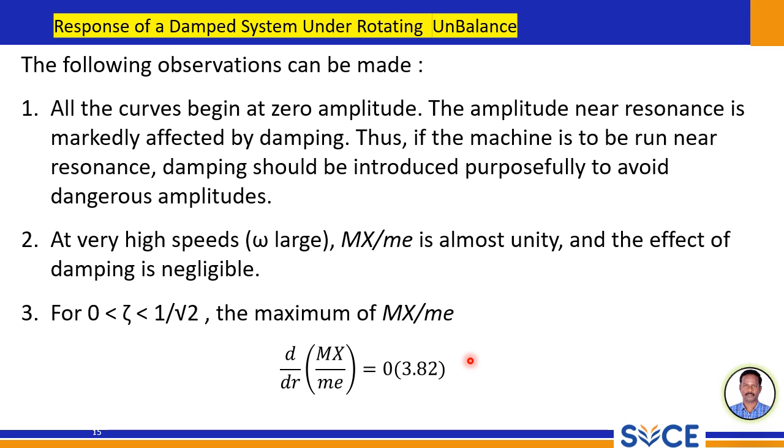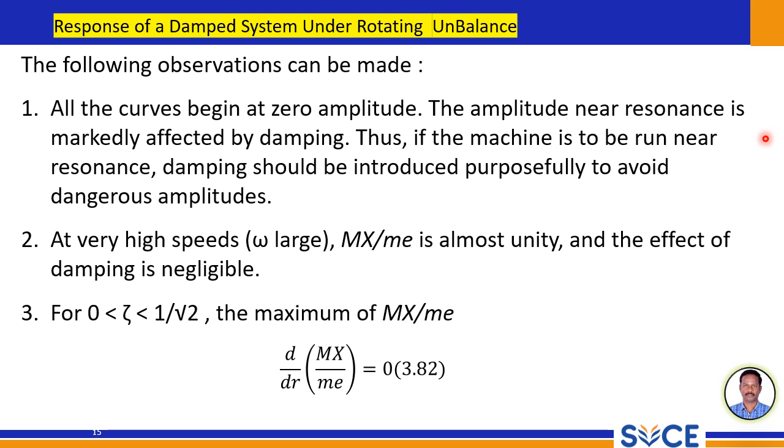This maximum point can be found by setting the derivative of m x by m e with respect to frequency ratio r to 0. The result, as indicated, is the frequency ratio at which the maximum amplitude occurs. This observation is important for understanding the specific conditions under which the maximum vibration amplitude occurs in lightly damped systems.